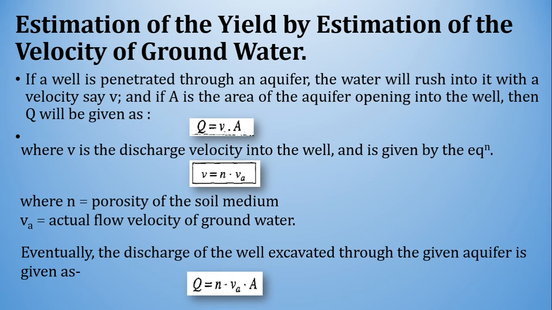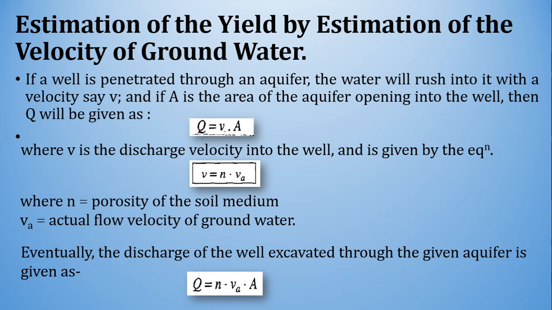Now the estimation of yield by estimation of velocity of groundwater. If a well is penetrated through an aquifer, the water will rush into it with a velocity v, and if capital A is the area of the aquifer opening in the well, then capital Q, that is discharge, will be given as Q = V × A, where V is the discharge velocity into the well and is given by the equation V = n × Va, where n is the porosity of the soil medium and Va is the actual flow velocity of the groundwater.